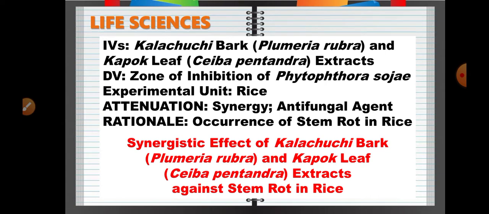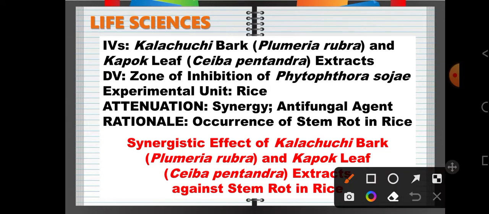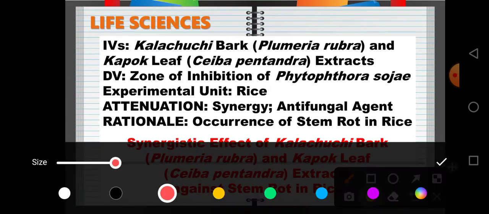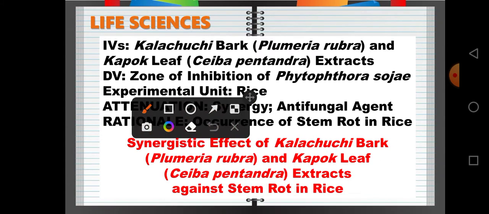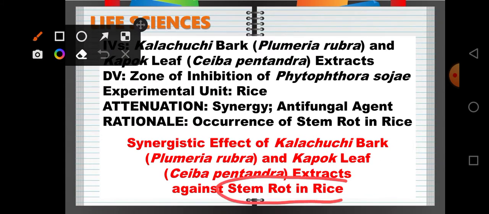Okay, class. Note here that we use the variable stem rot in rice instead of Phytophthora sojae. Why, class? Because if we, let's say, created a title replacing stem rot in rice by Phytophthora sojae, it means that we will be conducting a laboratory experiment.